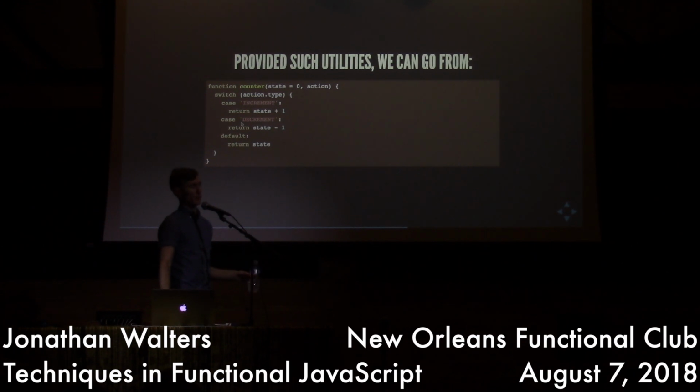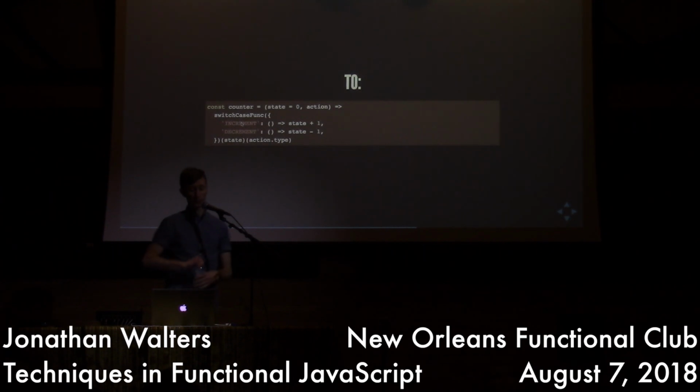But we'll see that rather than using this traditional switch statement, we can use ours, which is not only fewer lines, but I also find it a little bit easier to read. Maybe you don't. So instead, we pass it the state, we pass it the action, and then we return our switchCase function. The switchCase function is operating on an object, and in that object we have our two keys, which are increment and decrement.